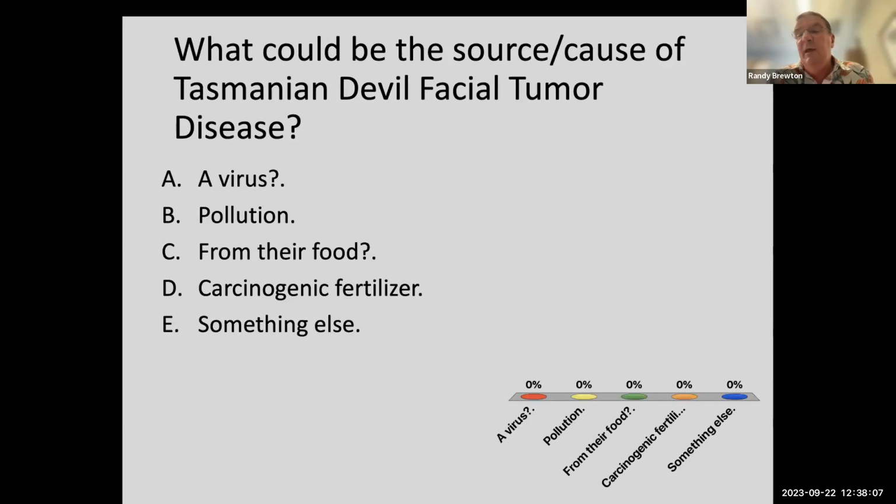And so those animals cannot launch any kind of a tissue rejection or an immune response against that tumor. And so the Tasmanian devils accept that tumor as being their own tissue, and it ends up killing most of them. And so it's a real struggle now.